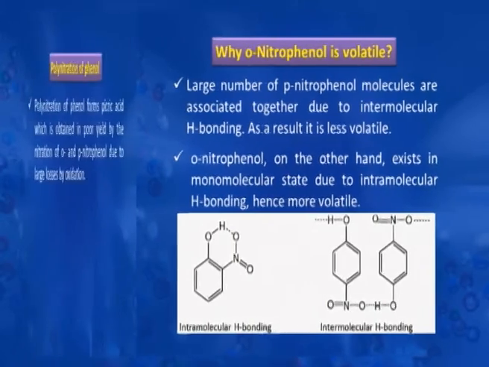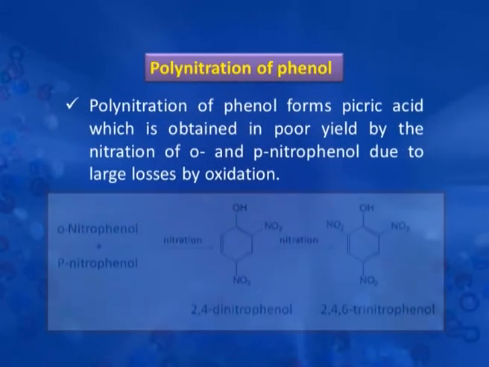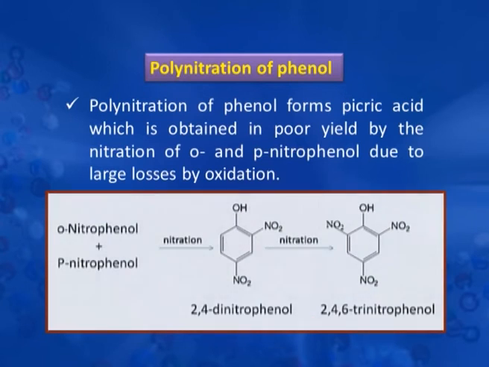For polynitration of phenol, the mixture of orthonitro and paranitrophenol is nitrated again, so that it forms 2,4-dinitrophenol, which upon further nitration forms 2,4,6-trinitrophenol. This is also called picric acid. But all these reactions provide very poor yield, because there is a possibility of large losses due to oxidation.